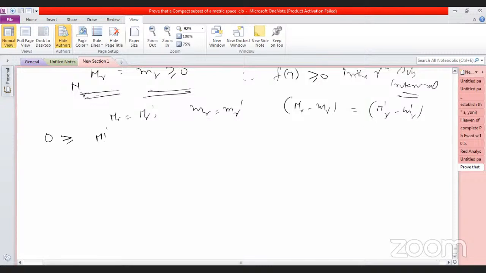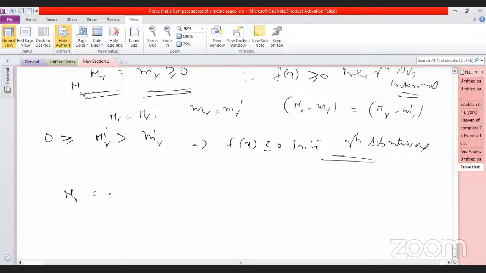Now 0 is greater than or equal to M dash r, which is less than small m dash r, that is, we are writing here f of x less than or equal to 0 in the rth subinterval. Here we are taking f of x less than 0 on the rth subinterval. So Mr is equal to minus small m dash r, and taking small mr gives minus M dash r, right?